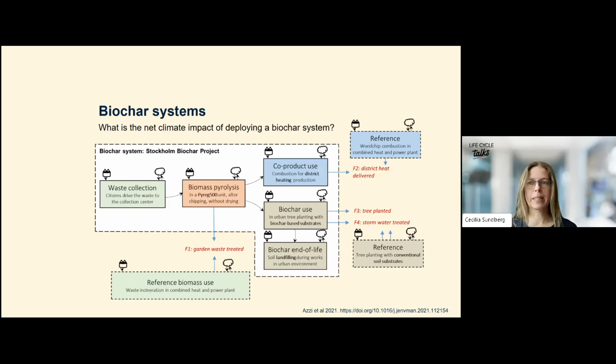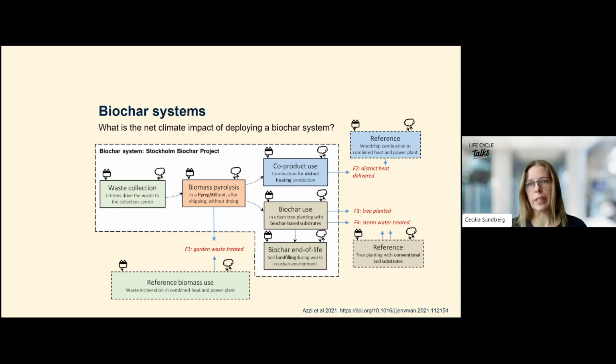And this is an example from the Stockholm Biochar project, one of the earliest applied biochar projects, where garden wastes from parks and gardens are transformed into biochar, and then the energy is used for district heating, and the biochar is used as a planting substrate for trees in the city.